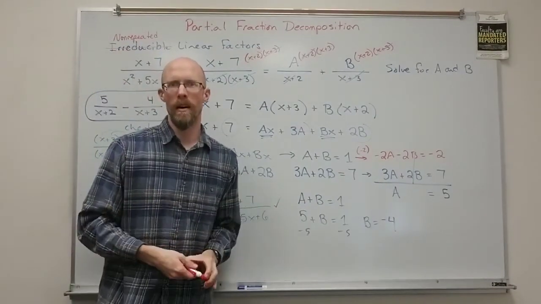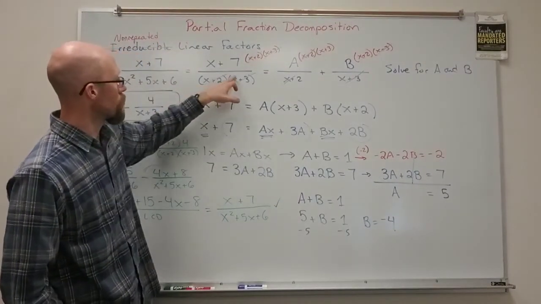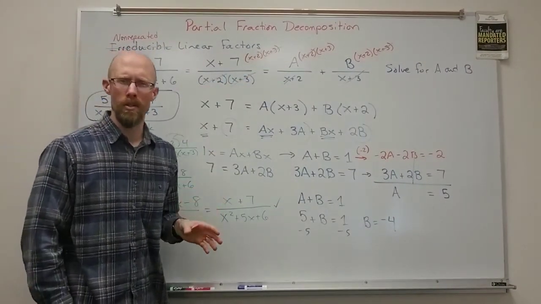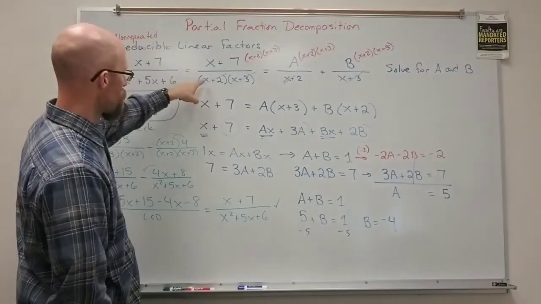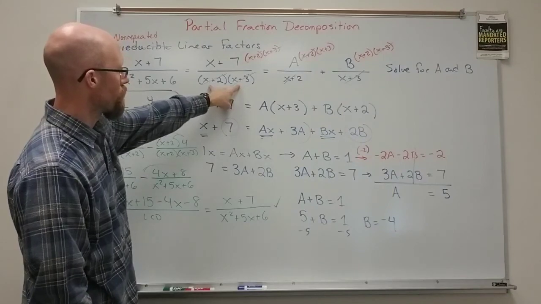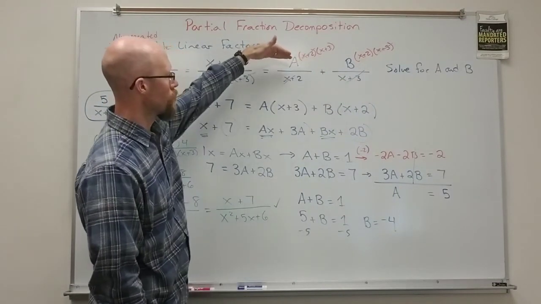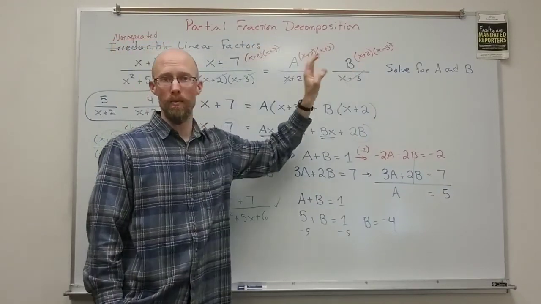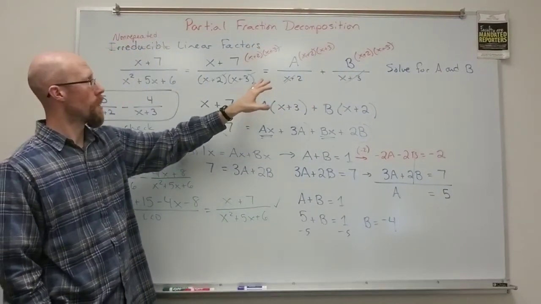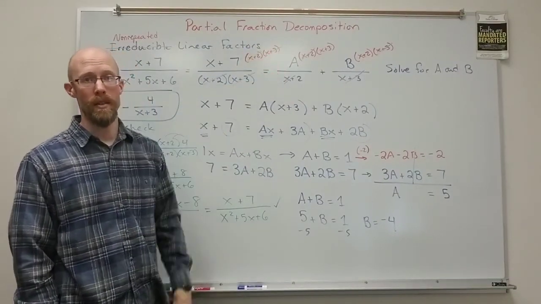All linear factors are going to be irreducible. But these are actually non-repeated, which means the powers are all 1. That's really what I should have had on there anyway. Non-repeated linear factors always break down into, you separate them off, and then you put a constant over top. And again, the reason for that is because you always want the numerator to have smaller degree than the denominator.